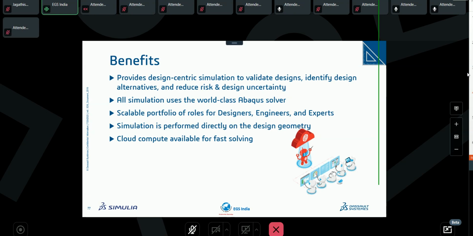It may be either a small problem, where you will be just checking for the strength capability of your product, and if it has multi physics involved, then we can go for various capabilities. Whatever may be the complexity of the problem, depending upon your timeline, you can adjust from lower grade to higher grade.